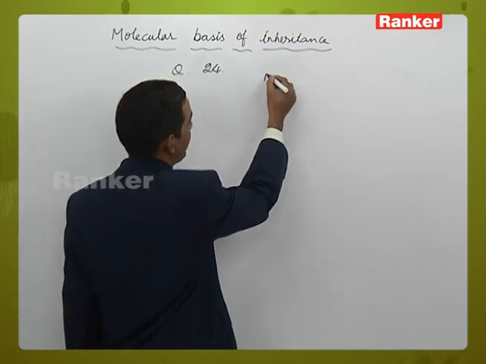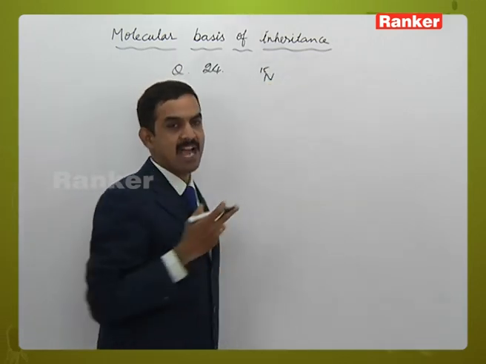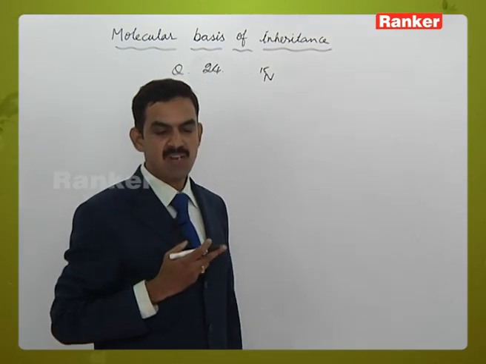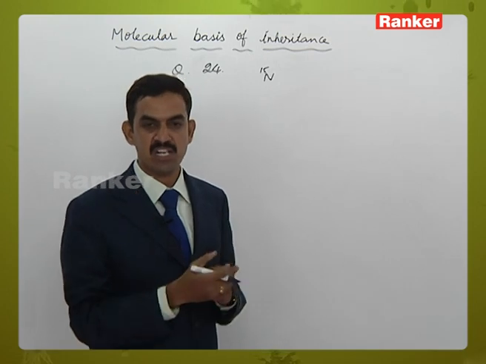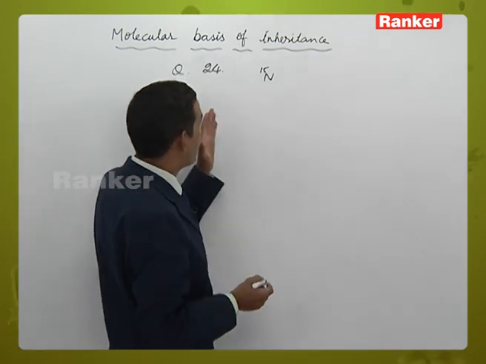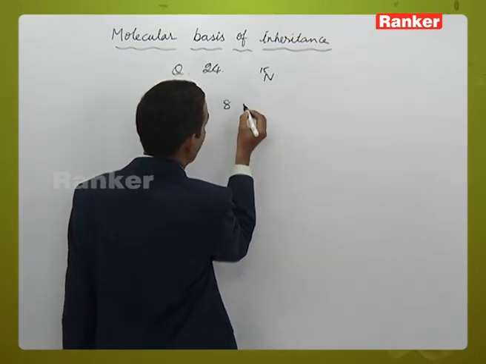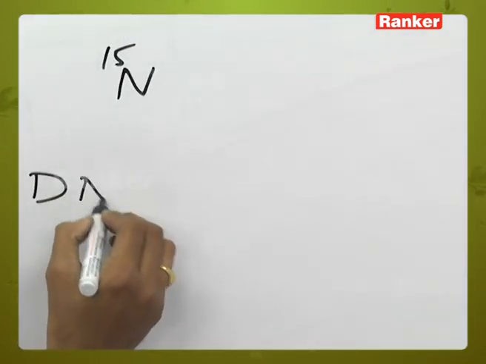Here the DNA which is having heavy isotope, both strands with N15, has been kept in a medium of N14 and allowed to replicate for 3 generations. We know that after 3 generations, the total number of DNA molecules formed is 8.